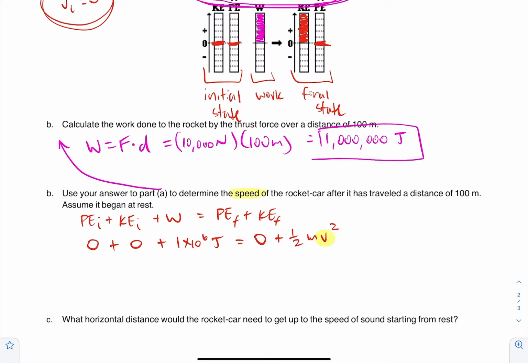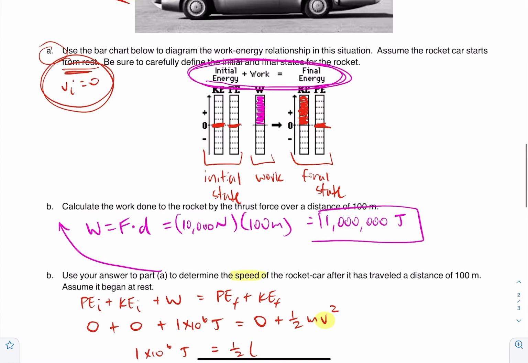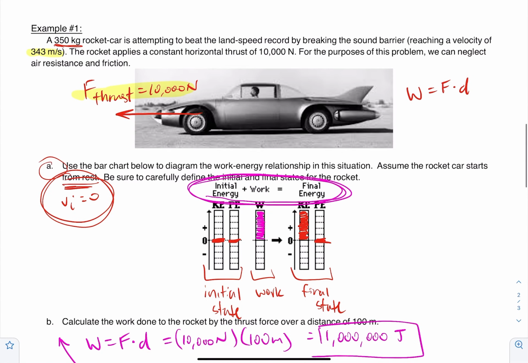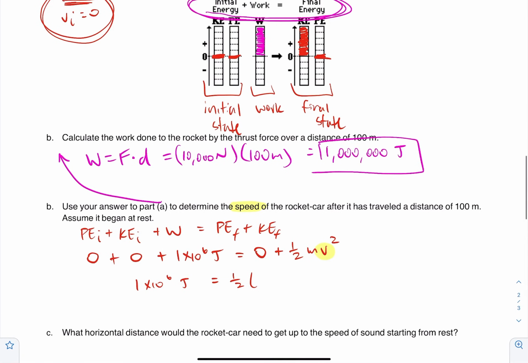So simplifying this, I can see that 1 times 10 to the 6th joules is going to be equal to 1/2. The mass of the car was given to me up at the top. It's right here, 350 kilograms. And then the velocity is my unknown.